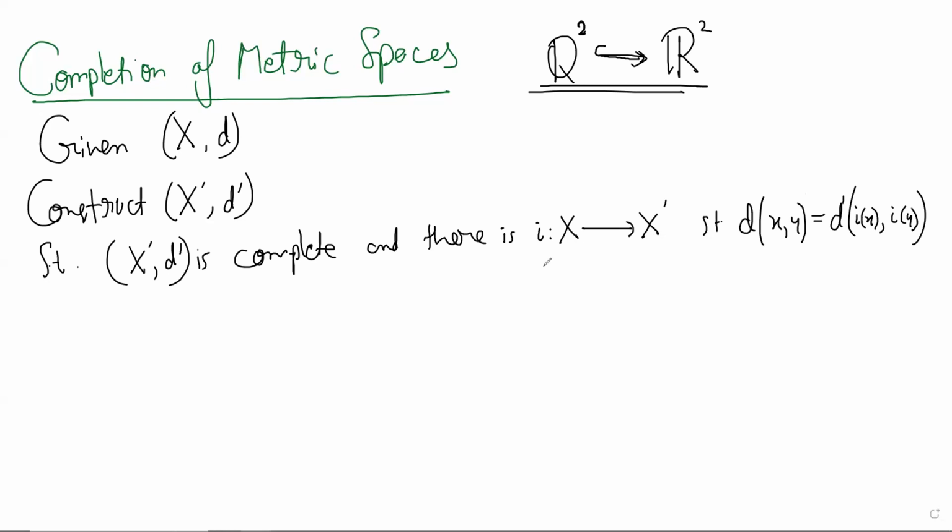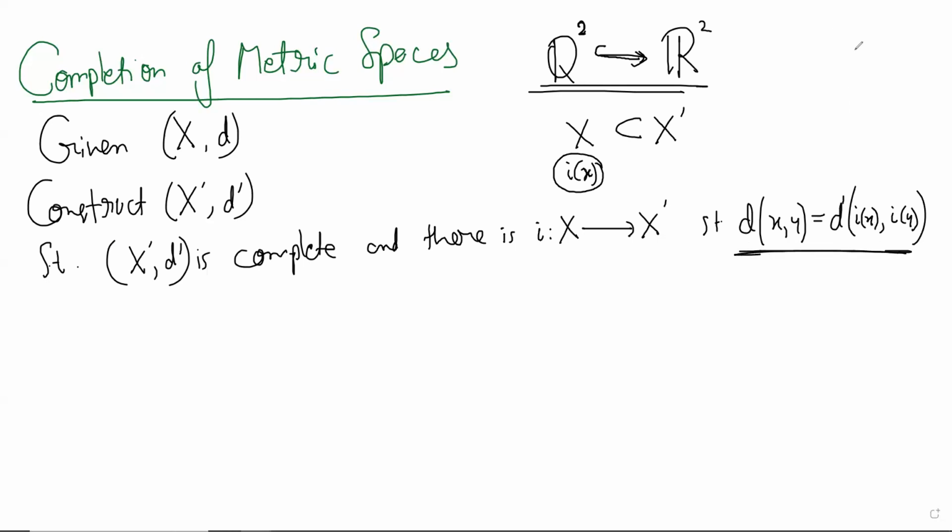So basically what I'm saying is that you can think of X as a subset of X prime. If you take an element small x in X, and instead of thinking of small x, you think of Ix, then nothing changes. The metric completely remains the same. That's what this is saying.